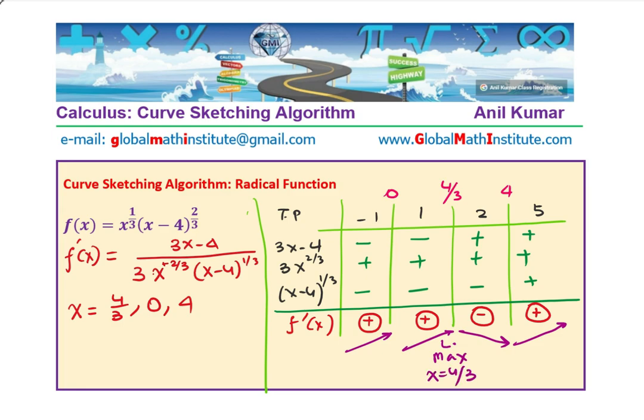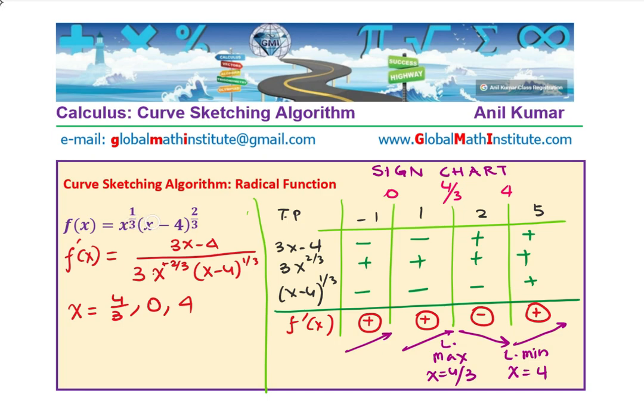And here, we have a local minimum where x is equal to 4, correct? You see? So from the analysis and this sign chart, it is very clear that we do have a local maximum at 4 by 3 and a local minimum at 4, right?